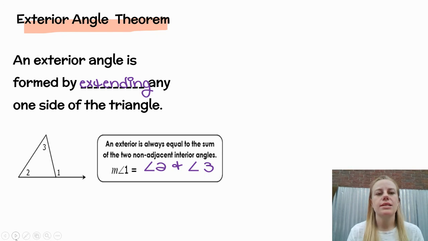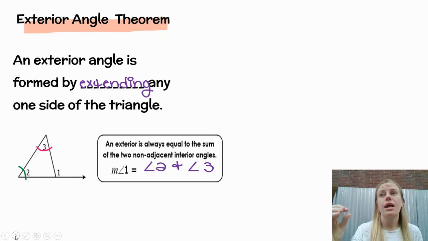Our exterior angle theorem states that an exterior angle is always equal to the sum of the two non-adjacent interior angles. So not the one that's next to it, 2 and 3. When I add up angle 2 and 3, you see how they are opposite, away from, not next to that angle 1. When I add those two up, that will equal angle 1.